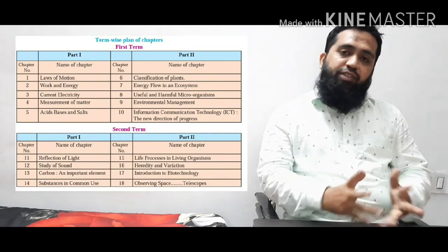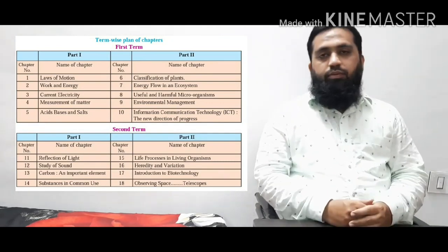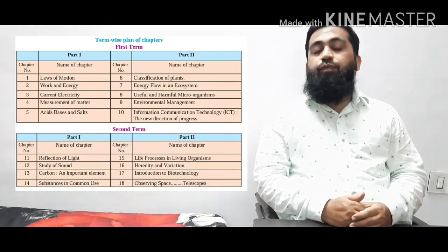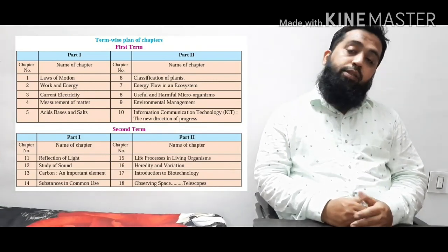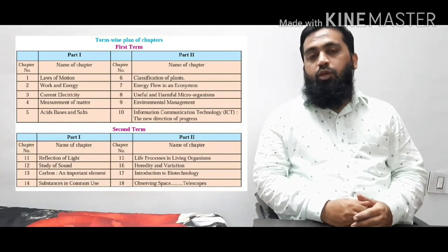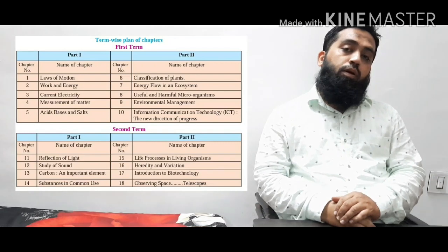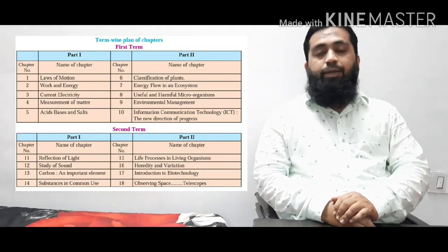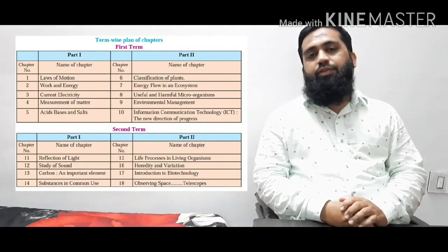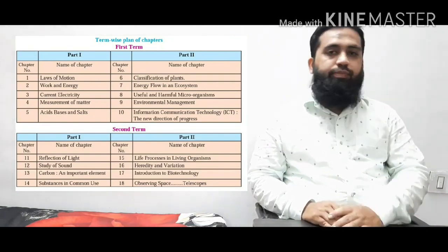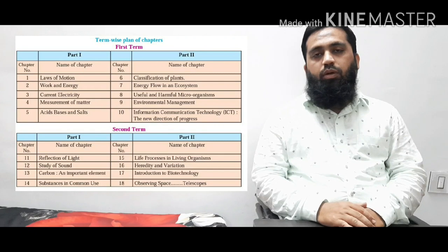So the difference is, in Science 1, the chapters which are divided, they are of physics and chemistry. Whereas in Science 2, the chapters are of biology and environmental studies. So this is how both the parts Science 1 and Science 2 are divided.